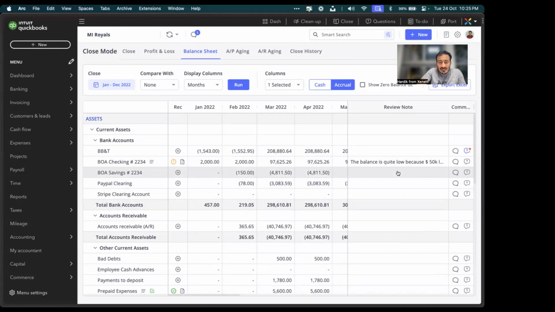Because previously, we would spend a lot of time internally to verify the numbers are accurate, and then all we were doing was simply sending the balance sheet and profit and loss. And then we would get so many questions: how did you come up with this balance or that balance? Get me this document. So this practice has really helped us avoid a lot of these unnecessary questions.